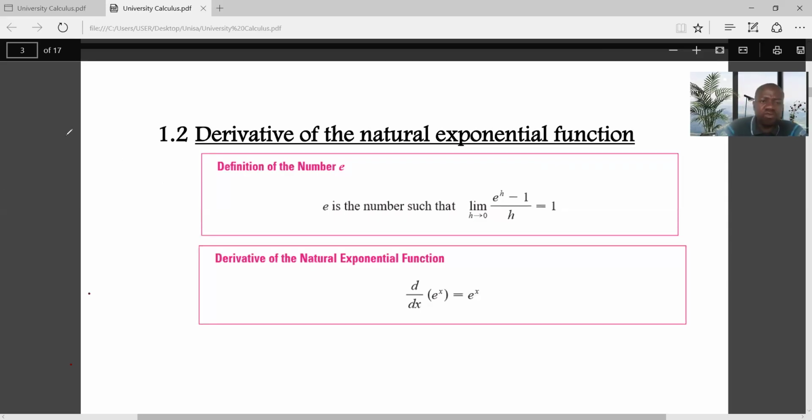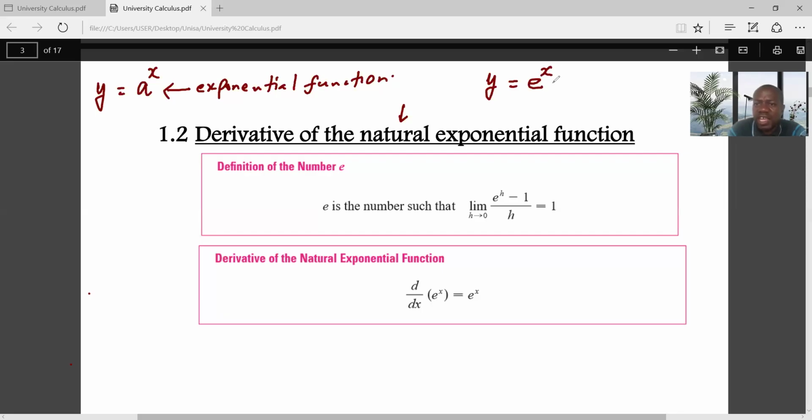You have learned in grade 12 that when we have y equals a to the exponent of x, this is called an exponential function, under functions and graphs. However, when you talk about the derivative of a natural exponential function, we are referring to y equals e raised to the power of x. This is called a natural exponential function.